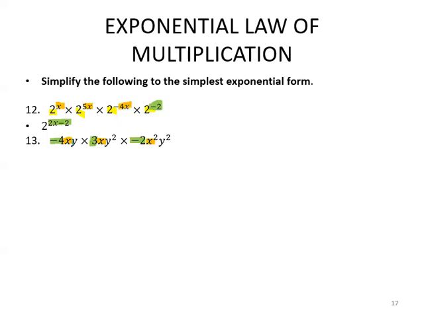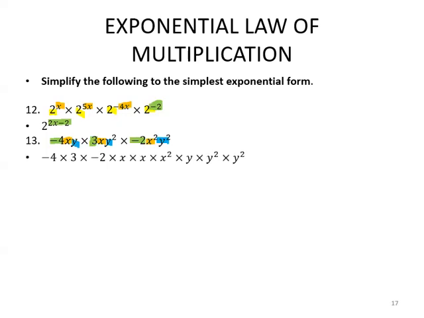I've got y to the exponent of 1 times y to the exponent of 2 times y to the exponent of 2. What does that give me? Y to the exponent of 5. Okay, so that's what I did. I multiplied the numbers first and multiplied the x's together, I multiplied the y's together.